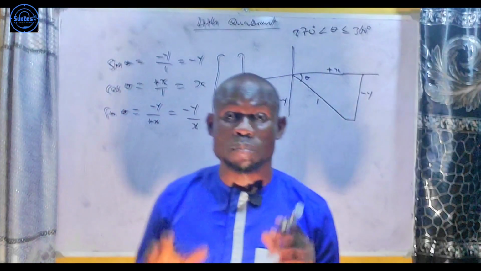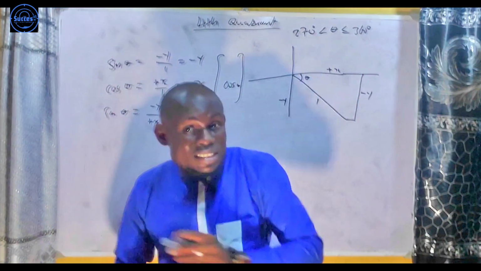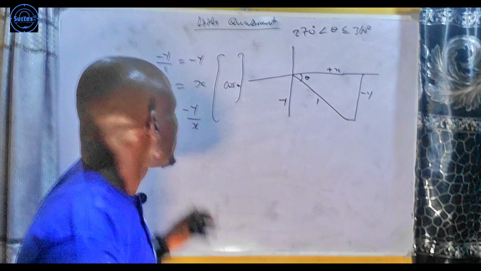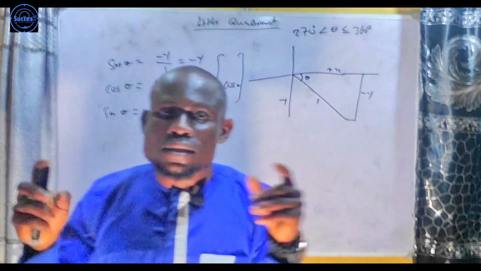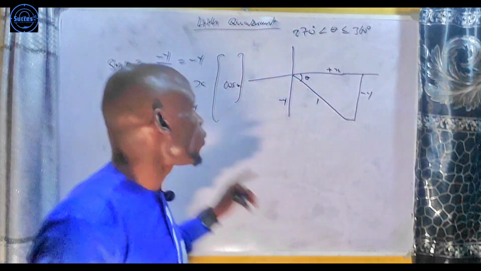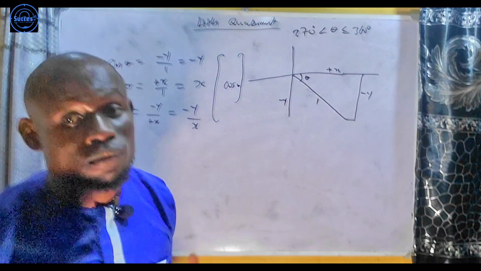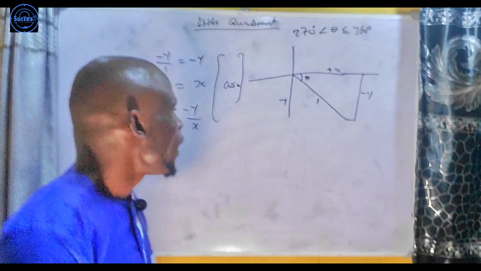It's as simple as that. After you understand which one is positive, the next thing you have to know is how do you transform angles in the fourth quadrant to an angle in the first quadrant, so that you can calculate the angle in the fourth quadrant. It's very, very simple.